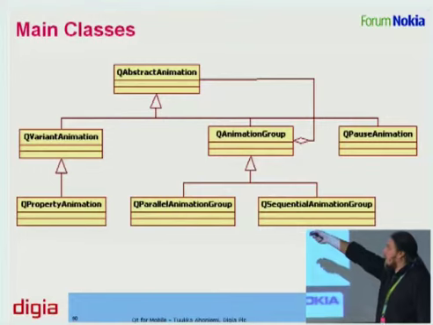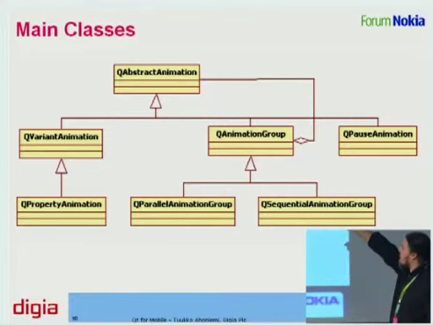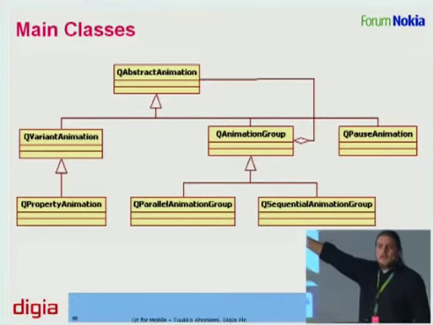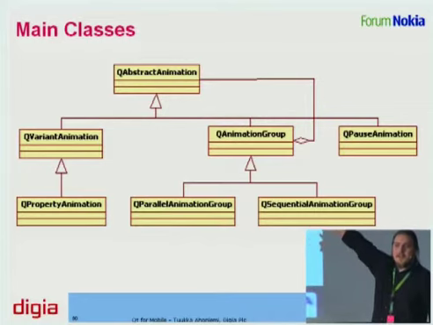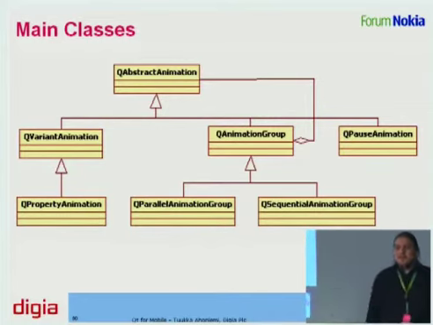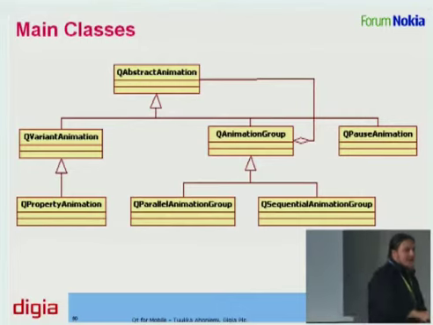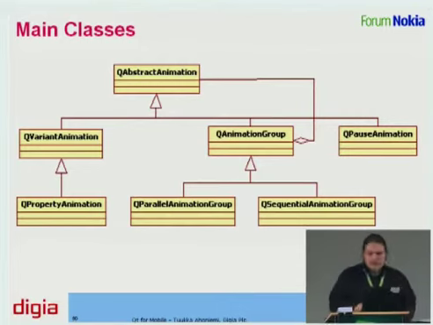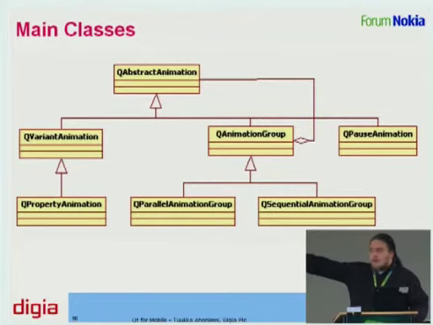So an animation can be a group of animations consisting of other animations. Hey, spot a design pattern here. The composite model, or koostemalli in Finnish, by the way, if you're interested. So an animation can be a group of animations that can be a group of animations that can be property animations or groups of animations.